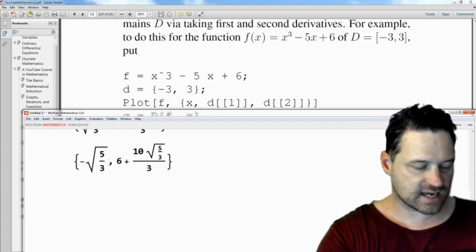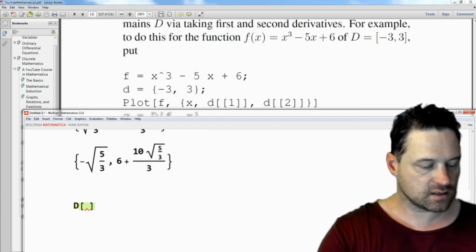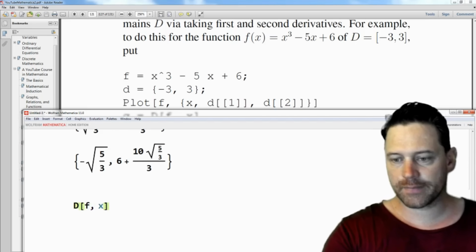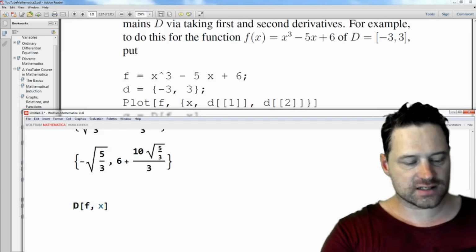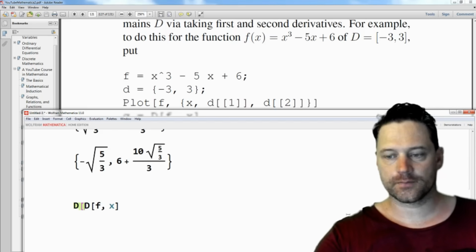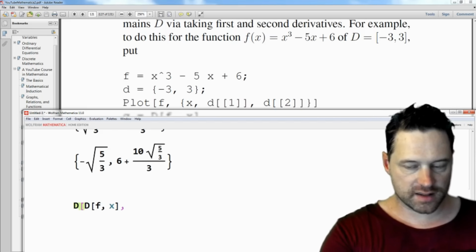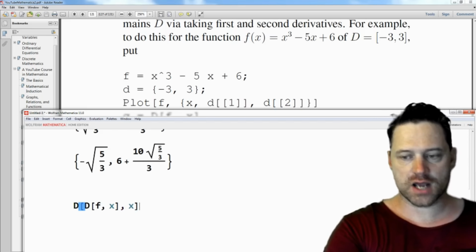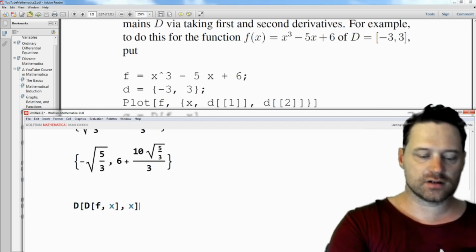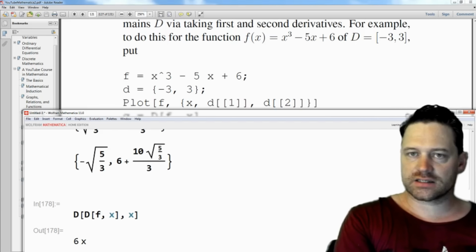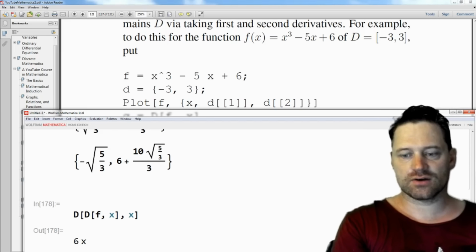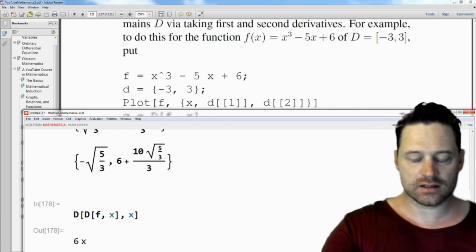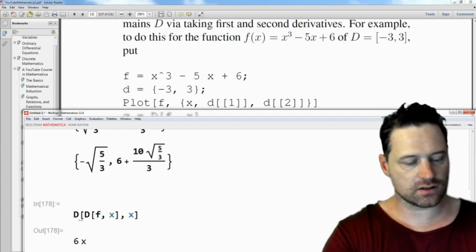We've already taken the first derivative, but for convenience sake, I'll put it back in. Now I want to differentiate this again. I just apply the same derivative operator to the first derivative. Shift enter. Okay, so this is saying that the second derivative is equal to 6x. I'll note that.